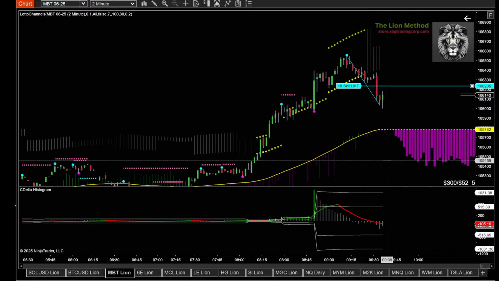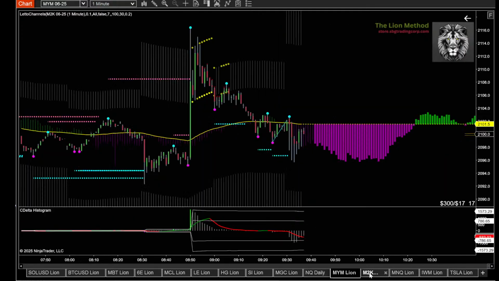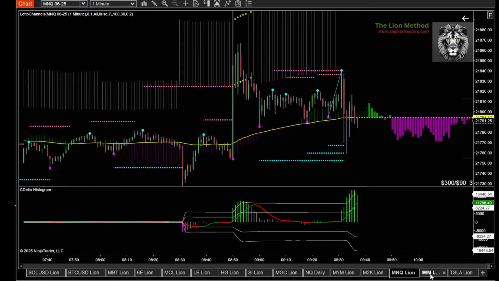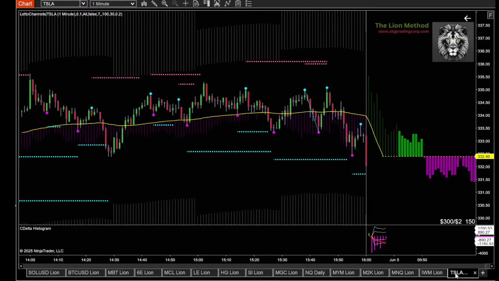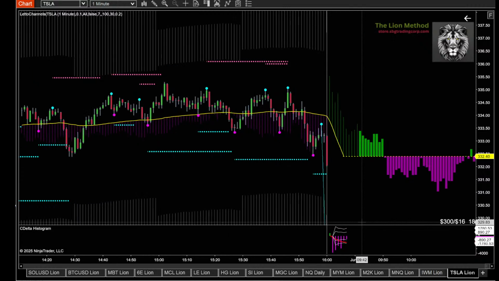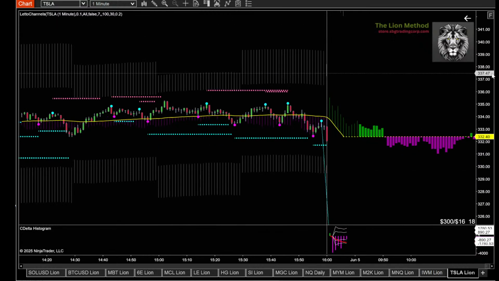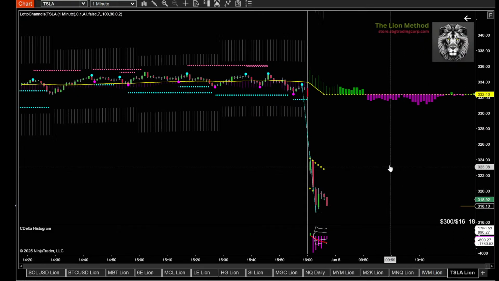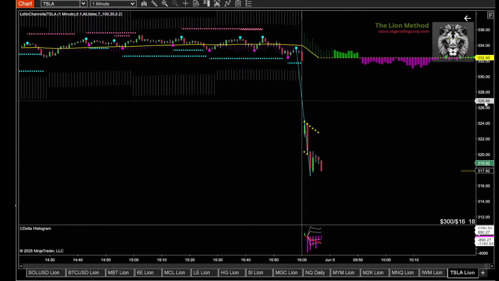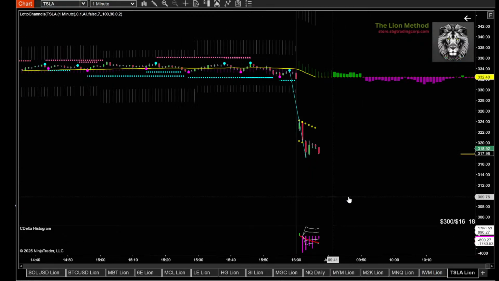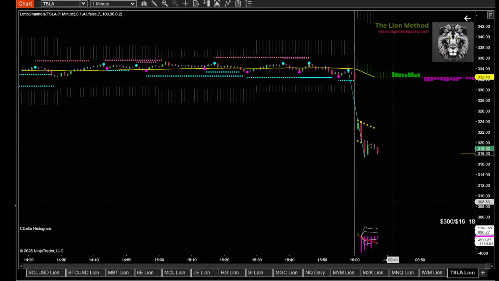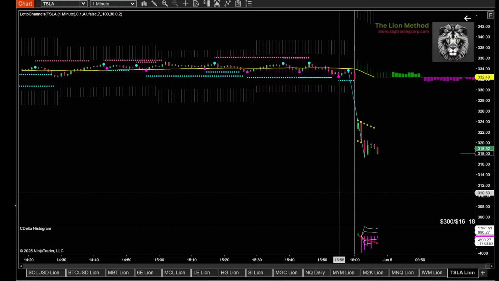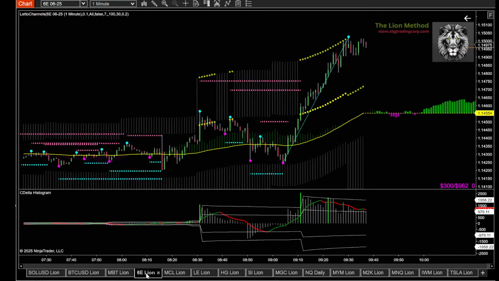Micro Bitcoin. The equities are not doing all that much, as far as I can tell. Whoa, Tesla. Don't need no Tesla to impress. If you guys wanted me to turn on an equity, let me know. We'll take a look at it.